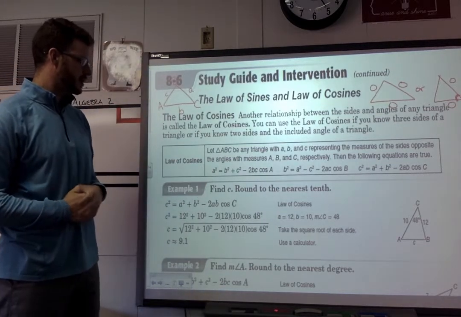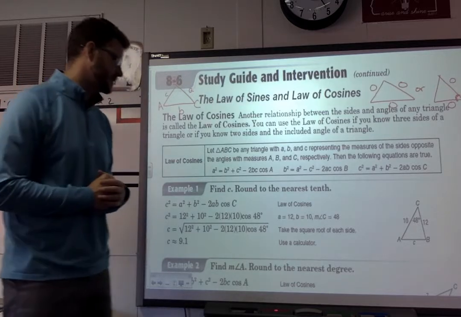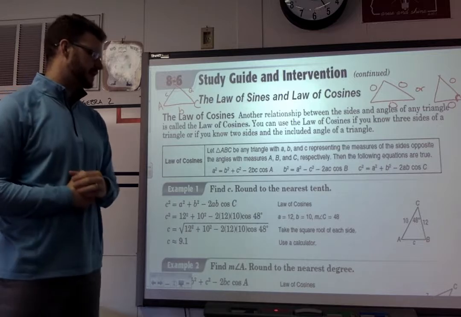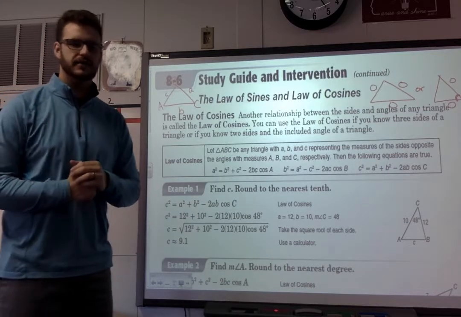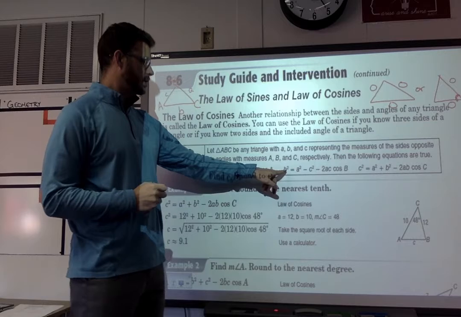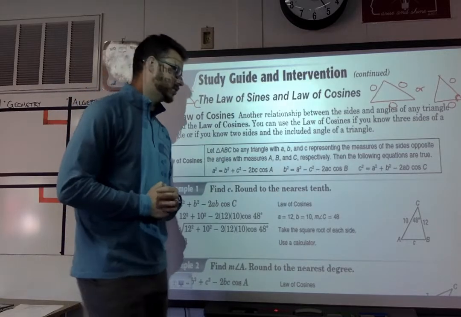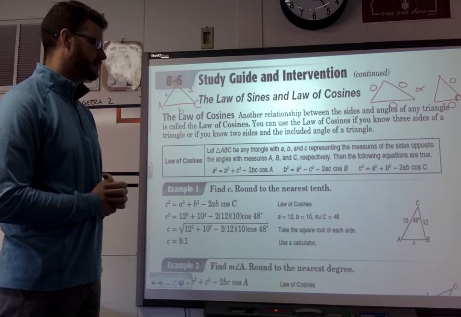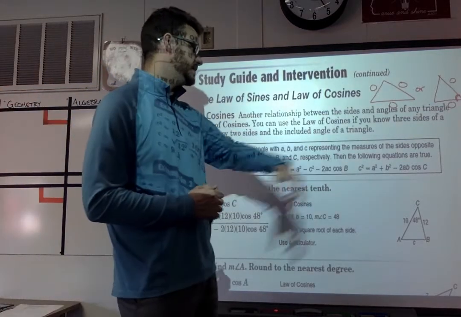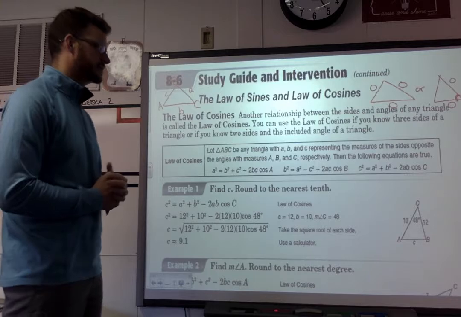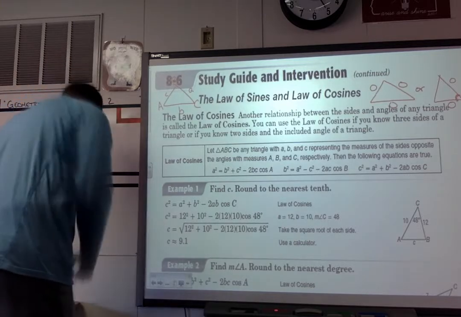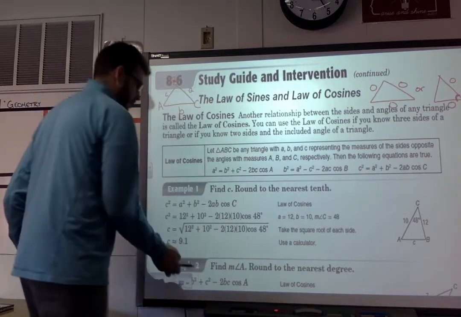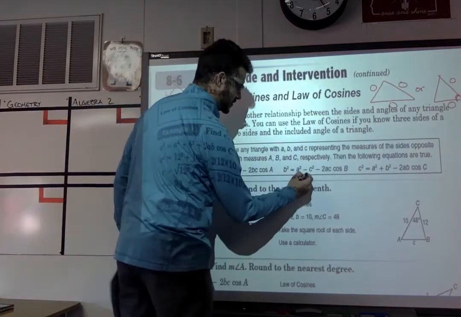a squared equals b squared plus c squared minus 2 times b times c times the cosine of A. Or b squared equals a squared minus c squared minus 2ac cosine B. Or c squared equals a squared plus b squared minus 2ab cosine C. Now they have a little typo here on this one.